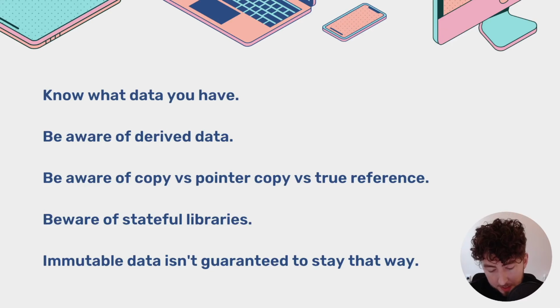And the last thing is just to remember that immutable data, while it's sometimes tempting to duplicate immutable data for convenience reasons, it isn't guaranteed to stay that way in the long run. So you might have a DOM-like situation where something that you fundamentally assumed wasn't going to change is suddenly starting to change, and as a result, you have all these bugs.